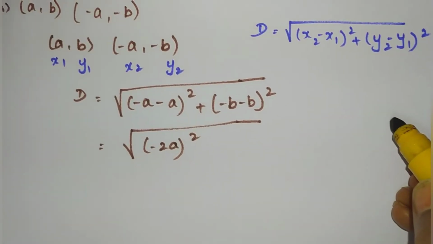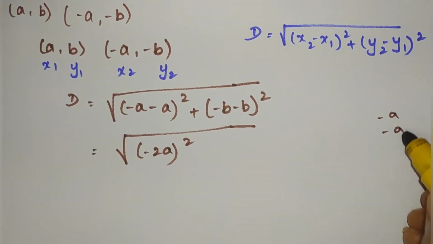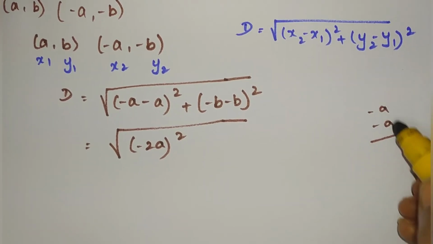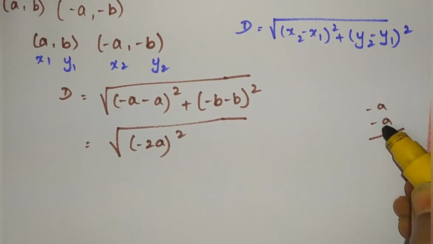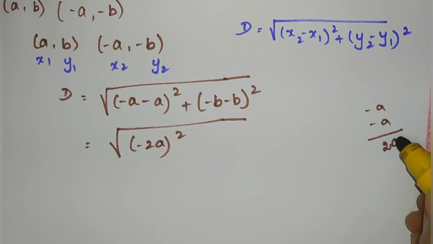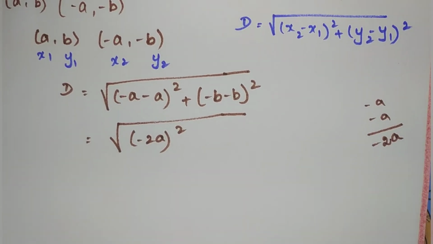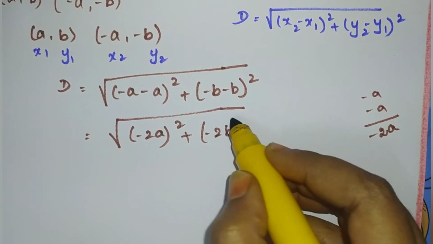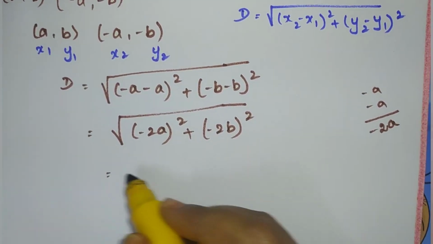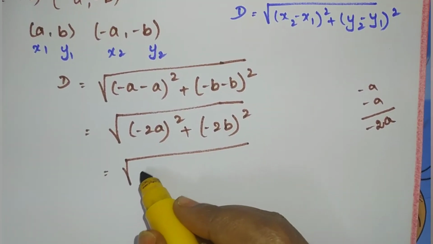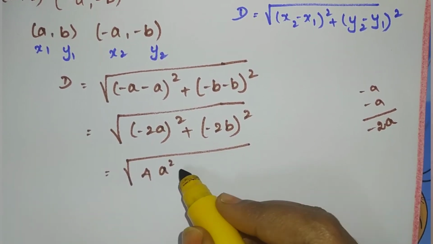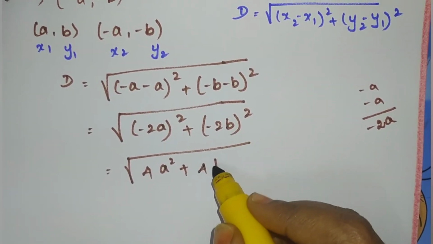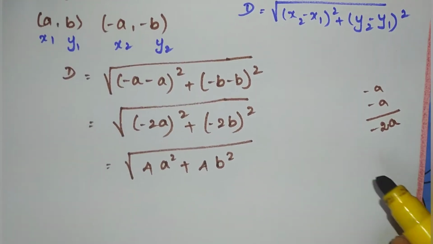Both the signs are same, so you have to add 1 plus 1 is 2A. Bigger number sign is negative. So minus 2A the whole square plus minus 2B the whole square. Now square this one: 4A square plus 4B square.